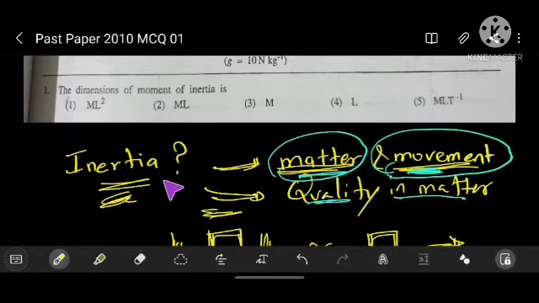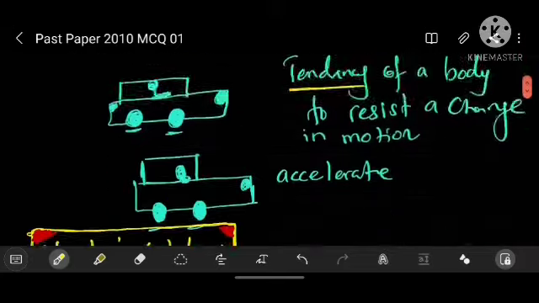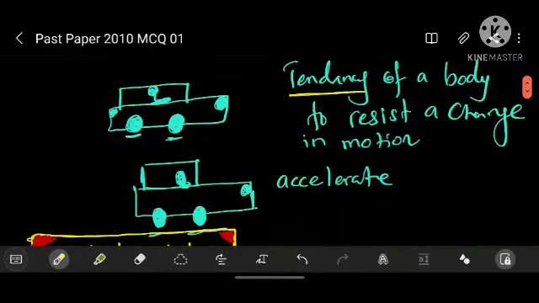Inertia is basically about matter and movement. Inertia is the quality in matter that lets it stay still if it's still, or keeps it moving if it's moving. Let me tell you with a basic example so you can relate to it.